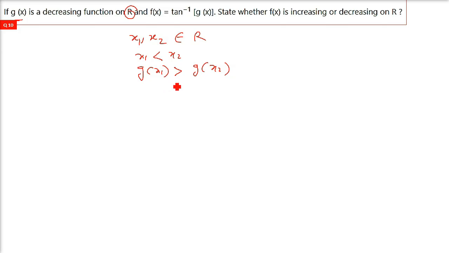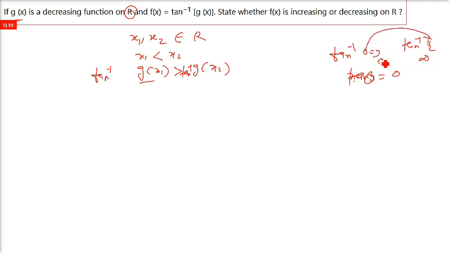So now what we'll do is take tan inverse on both sides. Tan inverse g(x1) greater than tan inverse g(x2). So the inside content, don't worry, just worry about tan inverse. See, tan inverse is an increasing function, because tan inverse 0 is 0, and tan inverse pi by 2 is infinite. So when things increase from 0 to pi by 2, the value of tan inverse also increases from 0 to infinite.